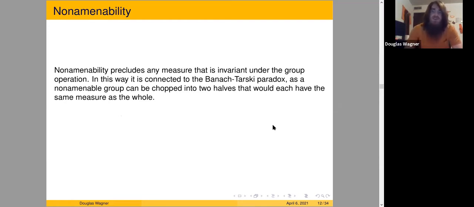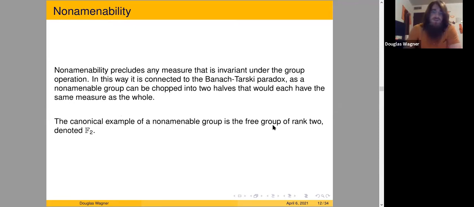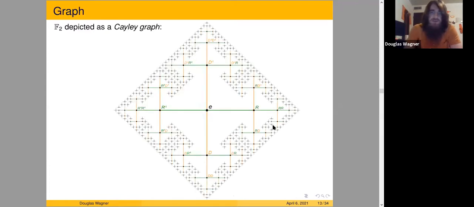Everyone's favorite example of a non-amenable group is the free group on two generators, which, if you're not familiar with it, here is a Cayley graph. And if you're not familiar with Cayley graphs, really it should be directed, but it makes the picture too cluttered. But each of these vertices corresponds to a group element, and these colored edges correspond to different generators.